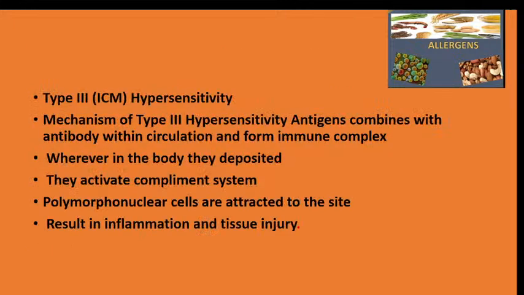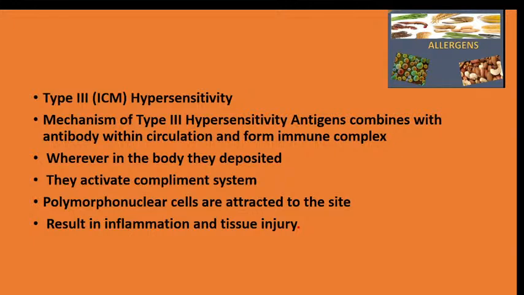Then in type 3 hypersensitivity, the antigen combines with the antibody, and through the blood circulation it will flow as an immune complex. That is, the antigen will bind to the antibody and they will flow through the circulatory system.